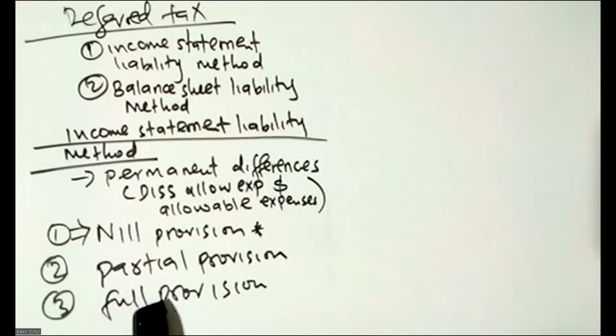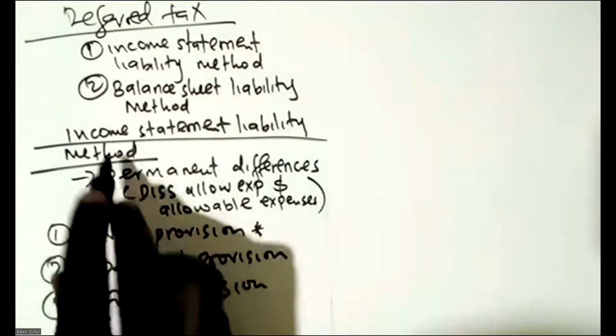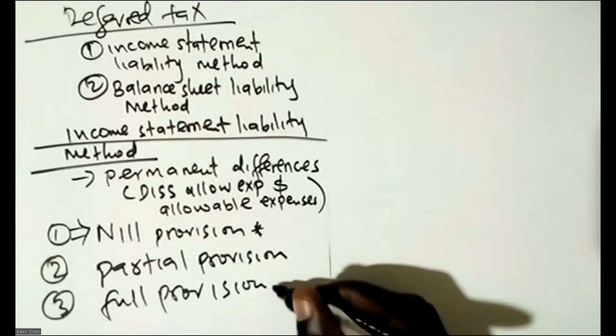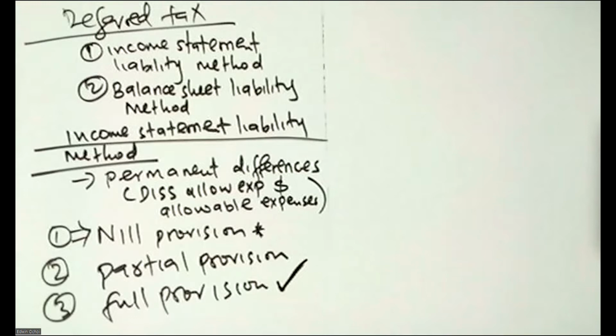Then we have full provision. It makes provisions for both current tax and deferred tax. So if we were to use this income statement liability method, the method which we can use here is the full provision, because it makes provision for both the current taxes and deferred taxes.